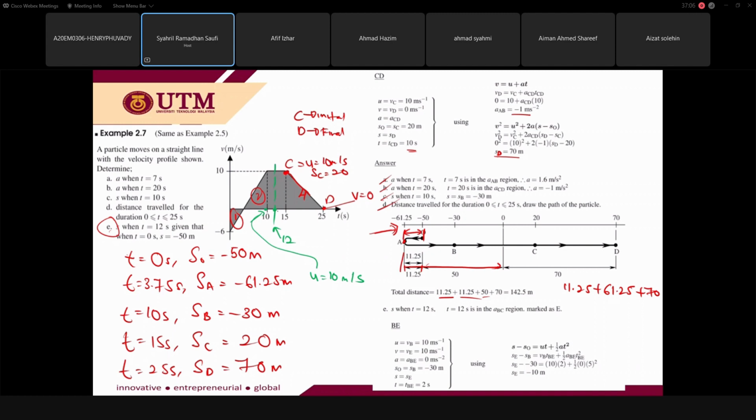At this point also V is equal to 10 meters per second. The time difference is 12 minus 10, which is 2 seconds. And you know that SB is equal to negative 30 meters. Now you need to determine what would be the S at 12 seconds.